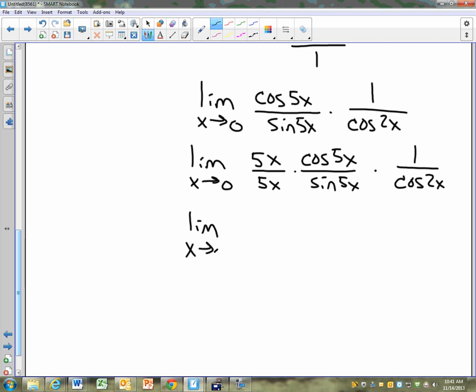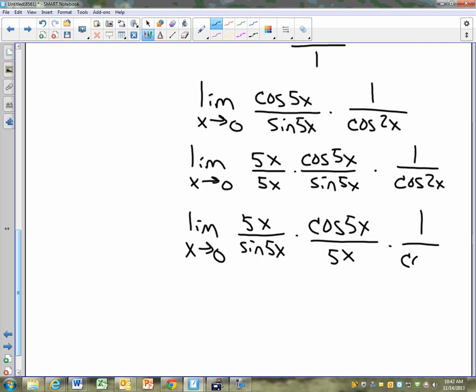So we have the limit as x goes to 0 of, so I want to pair this 5x up with what? Sine of 5x. Times cosine of 5x over, times 1 over cosine of 2x.